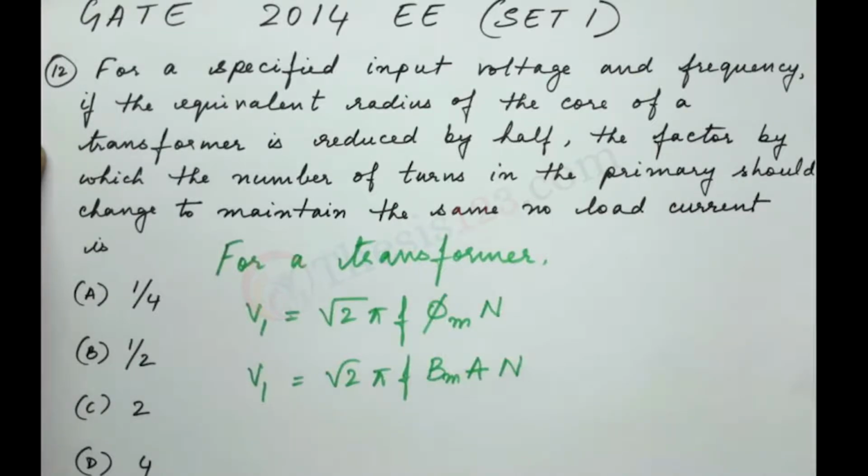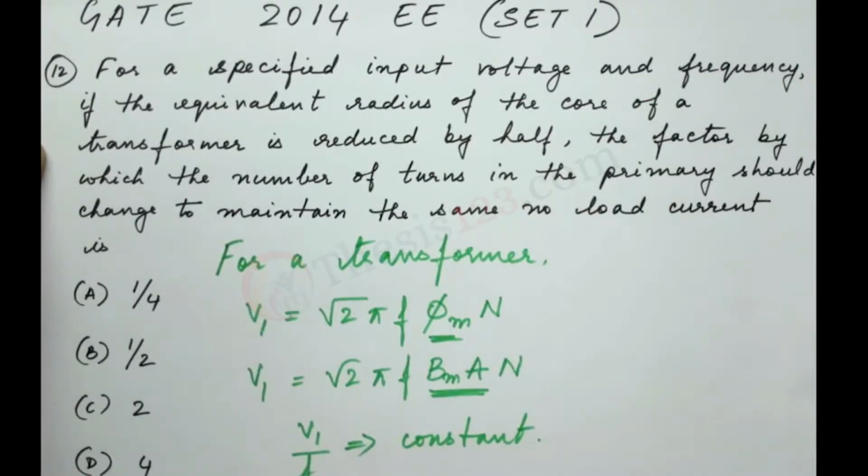Now in order to maintain the same no-load current, the flux in the core should be constant. That's a very important point. So the flux here must remain constant. So V1 by F must be constant. So if V1 by F is constant, what does that tell us?